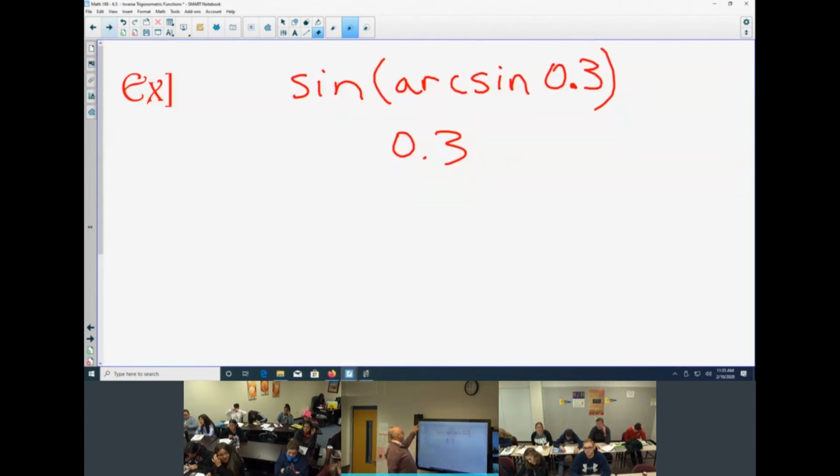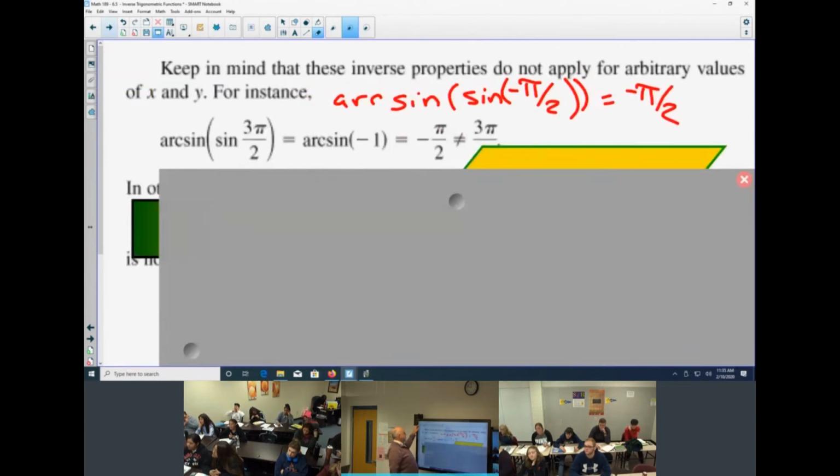So the sine of the arc sine will cancel, just leaving you with the number. Okay, so here's the tricky one. Jill, you remember a minute ago where you had the answer 3 pi halves. But the problem is that the way they write the domain of the inverse sine, they want it written as negative pi halves to pi halves.